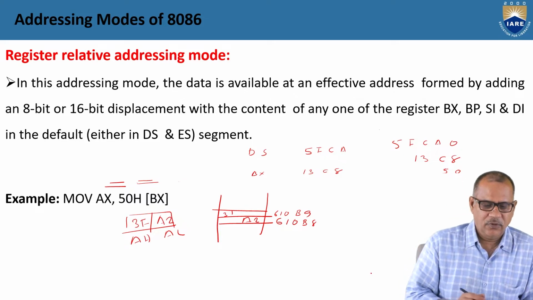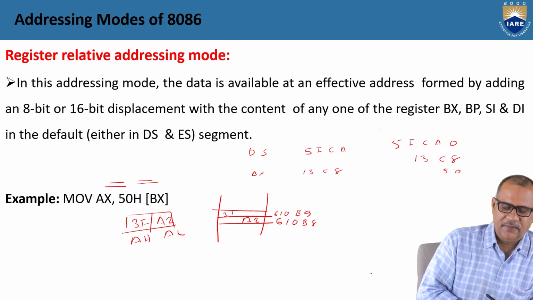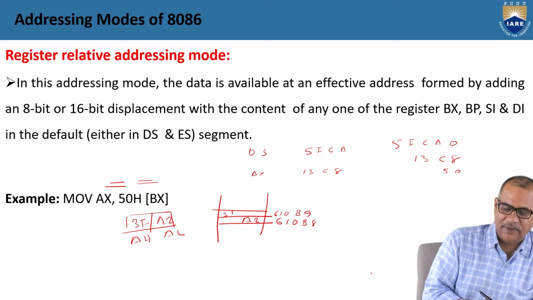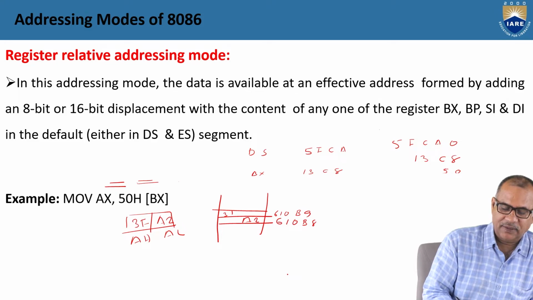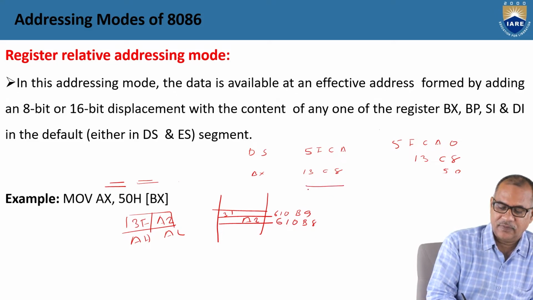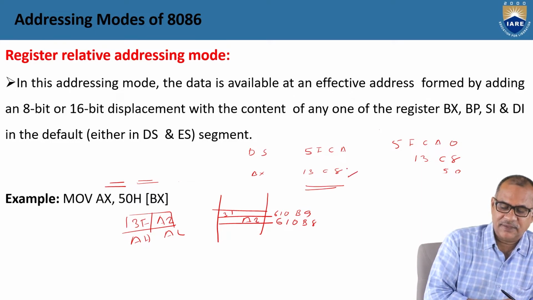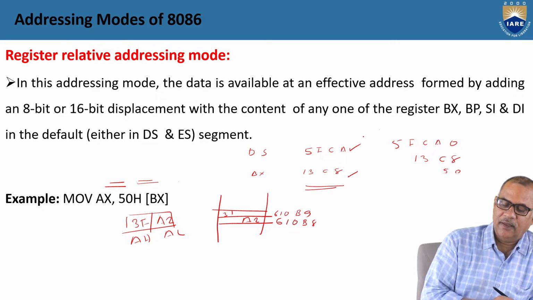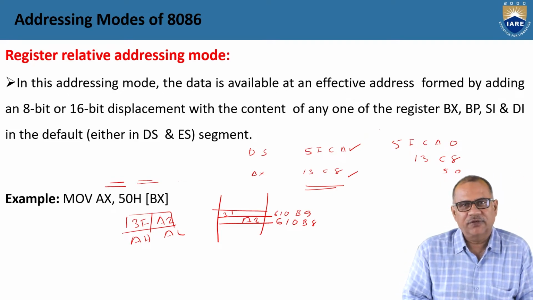Now, for example, MOV AX, 50H[BX]. Here, what happens? Let us say the contents of BX are 13C8. This is the offset address, and the contents of the data segment, which contains the base address, are 5FCA. What does the bus interface unit do?